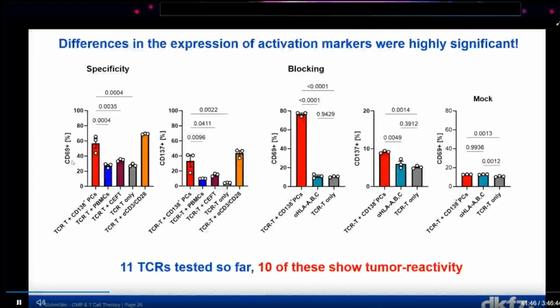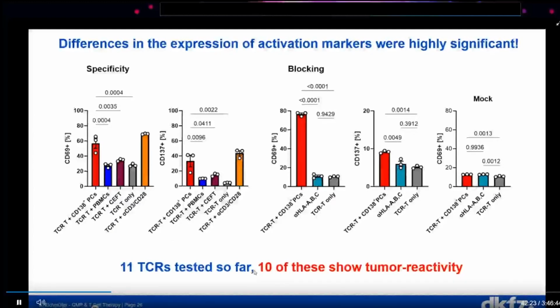So what did we do so far in these experiments? We had 15 patients analyzed, and we got 98 different T cell receptors. Of these, we were able to test 11 T cell receptors so far on autologous tumor cells with autologous T cells being transfected with the mRNA. And actually, this is not true.